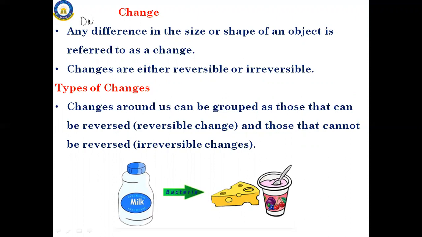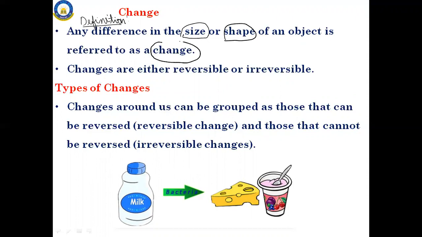So here is the definition for the word change. Any difference in the size or shape of an object is referred to as a change. So if there is a change in the size, or if there is a change in the shape of an object, what do we call it?